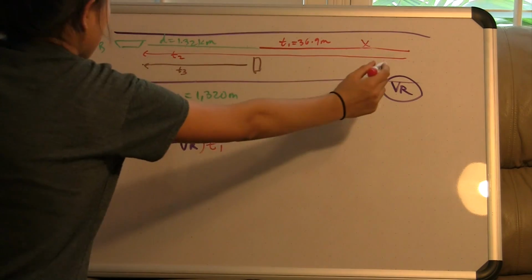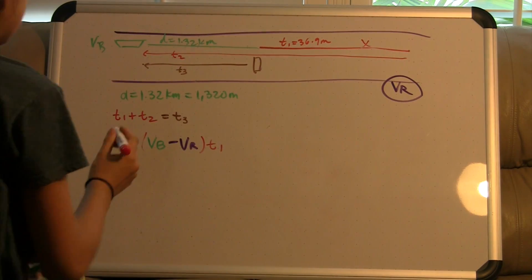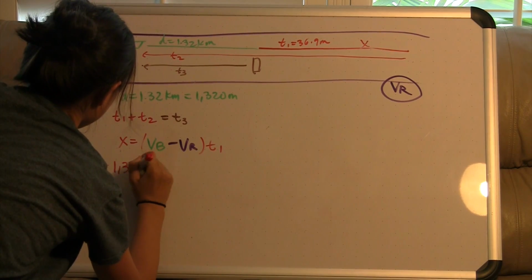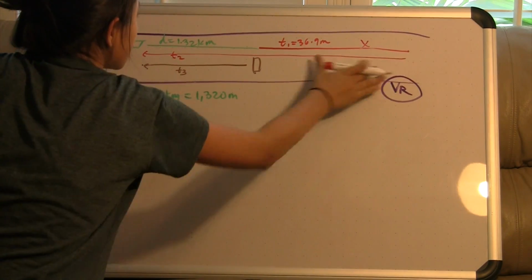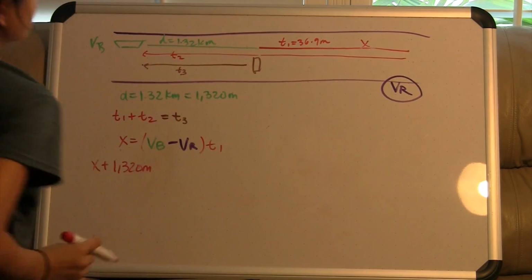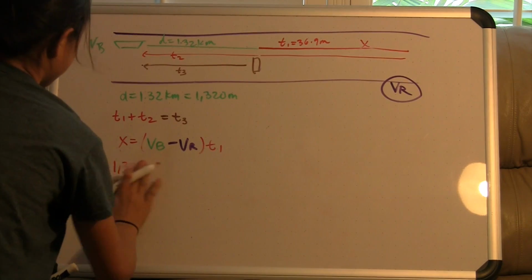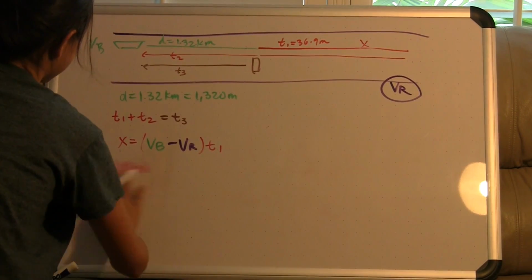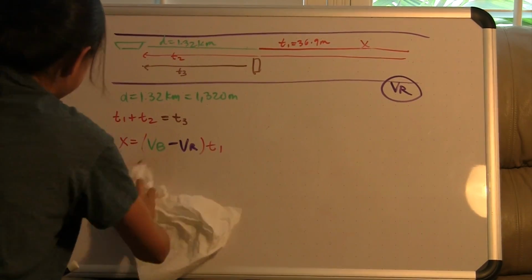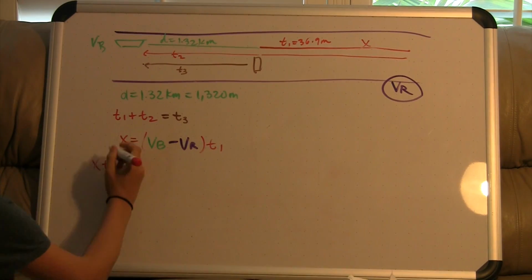And then when it comes back down, that entire distance is x plus 1,320 meters. So it's this portion, which is x, and then this portion from here to here is 1,320, which, to simplify things, let's just call d for now. So x plus d.